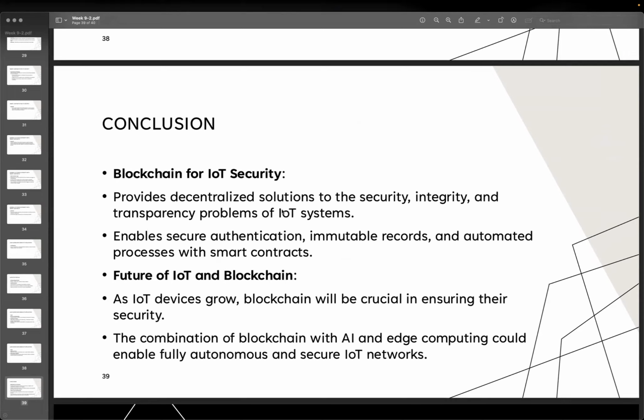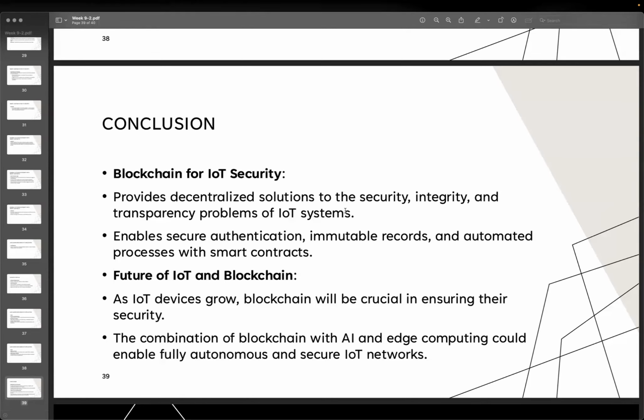So what we just covered was blockchain for IoT security. Mainly, with the property of decentralization, we can maintain security and integrity, and it gives more transparency to the IoT system. It enables authentication, immutable records, and automation of those processes using smart contracts.